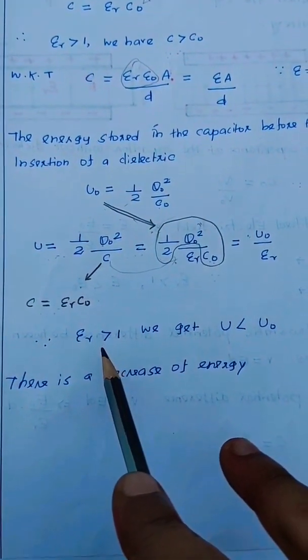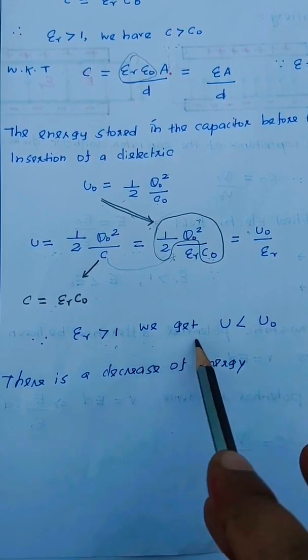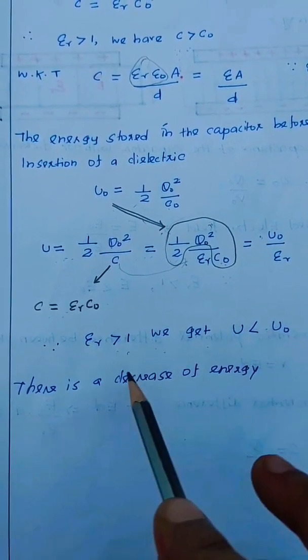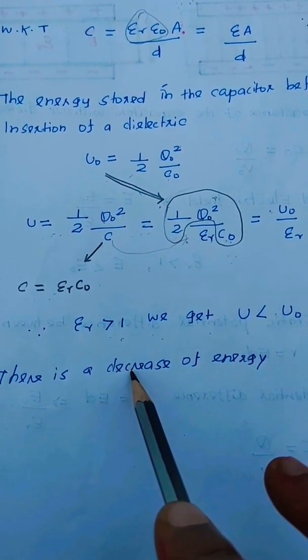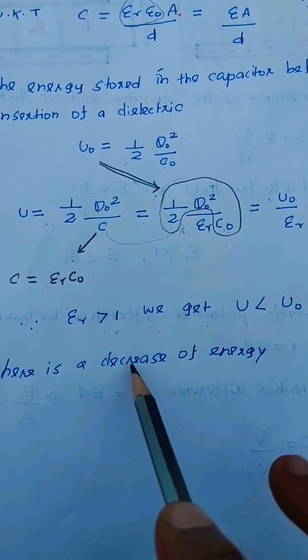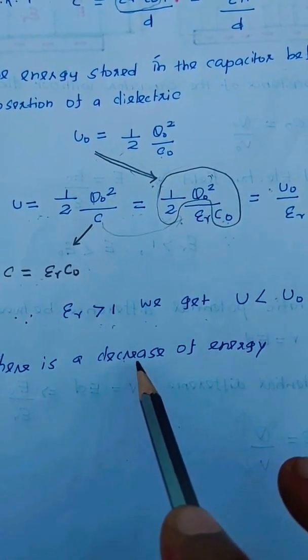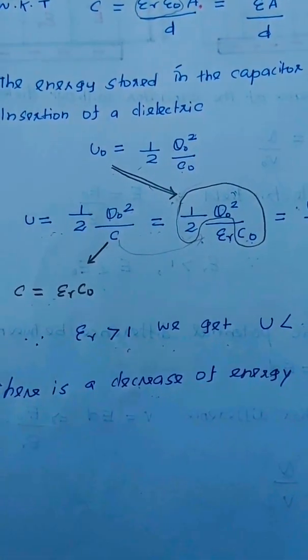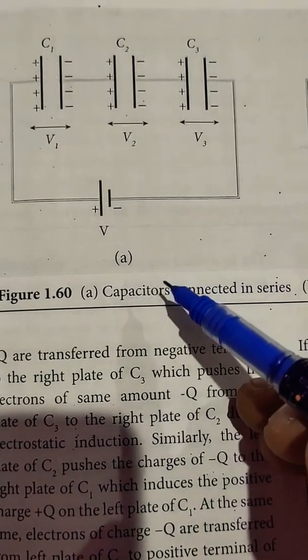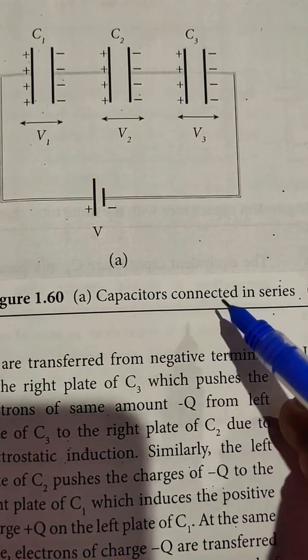In these conditions, since epsilon r is greater than 1, we get U less than U naught. So there is a decrease of energy because when the dielectric is inserted, the capacitor spends some energy pulling the dielectric inside. The next topic we are going to see is capacitors connected in series.